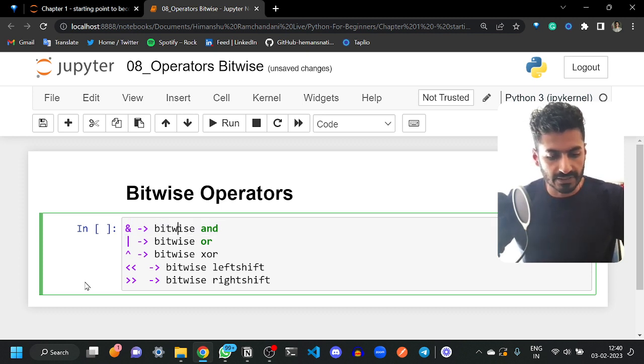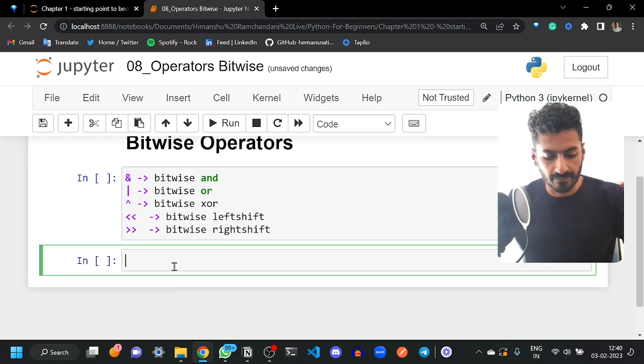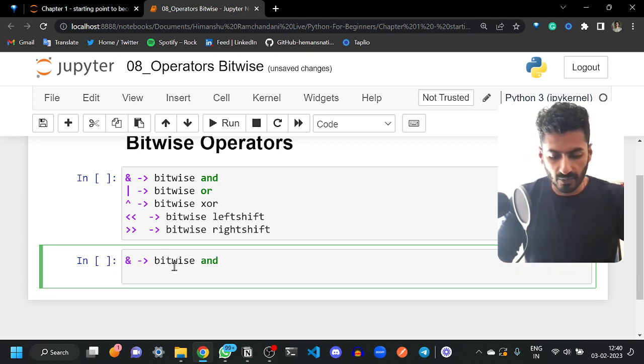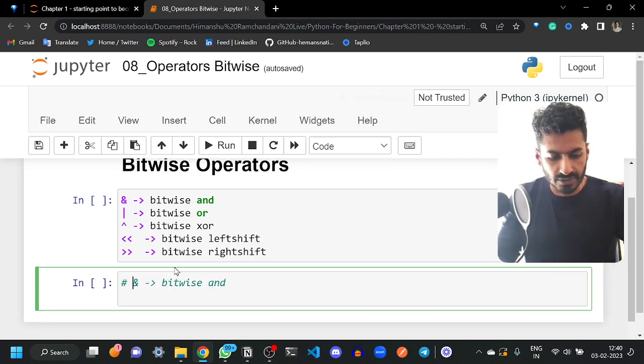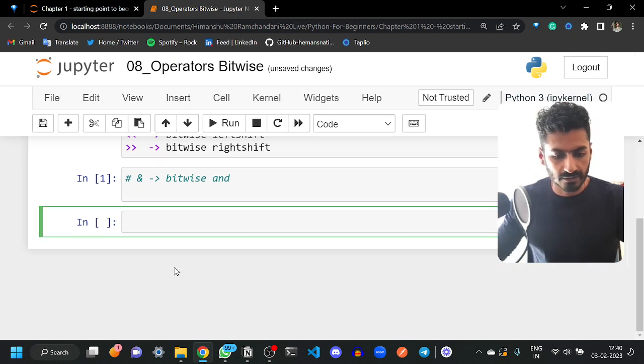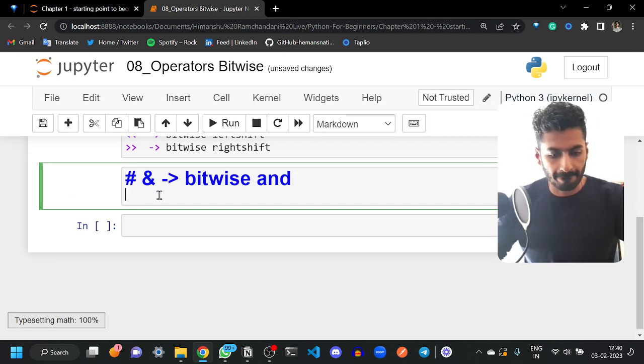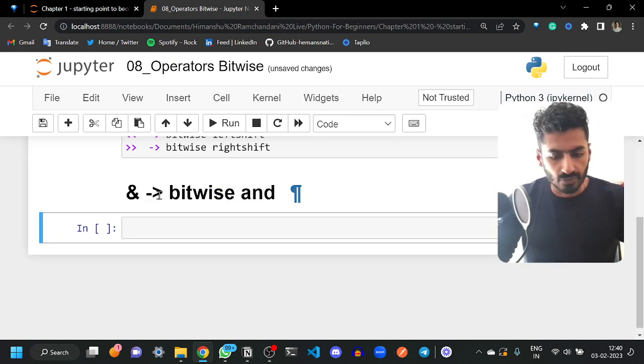The first one is bitwise AND. So how does bitwise AND work?